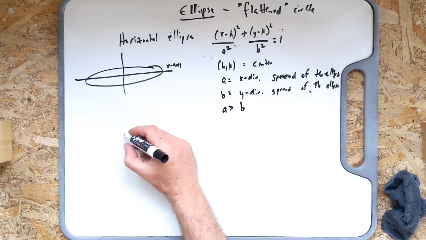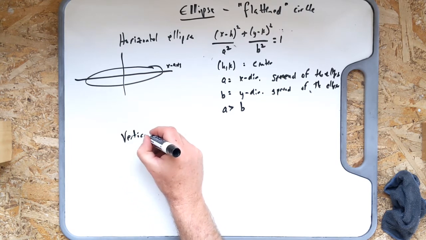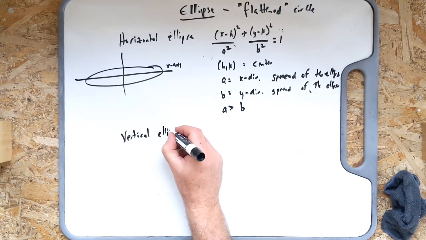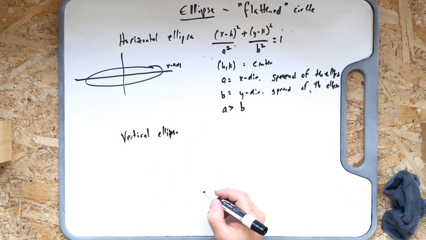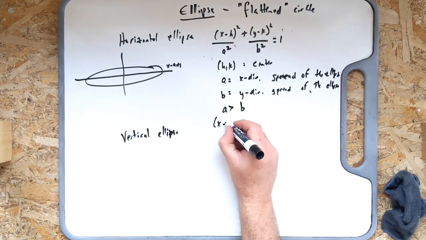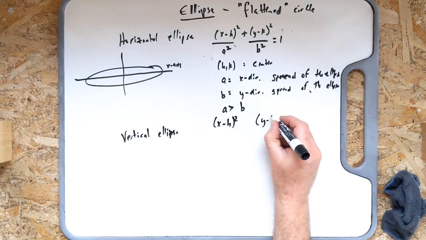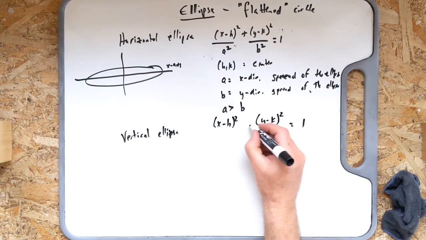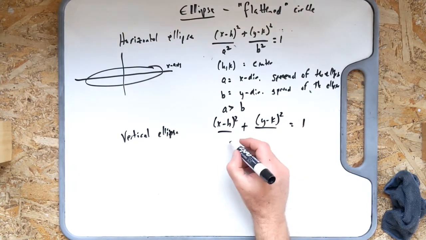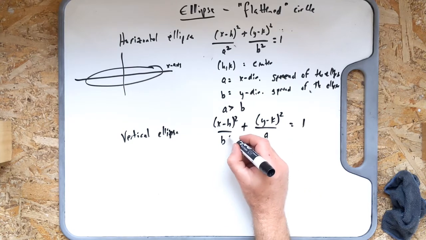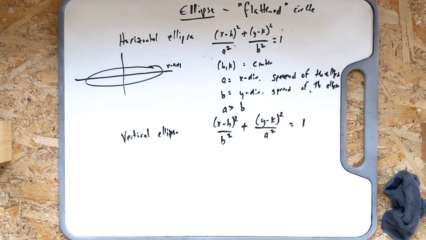Okay, now let's do the next one, which is the vertical ellipse. In this one, it's still (x minus h) squared and (y minus k) squared, and it's still 1. The only difference is that a and b are switched, like that.